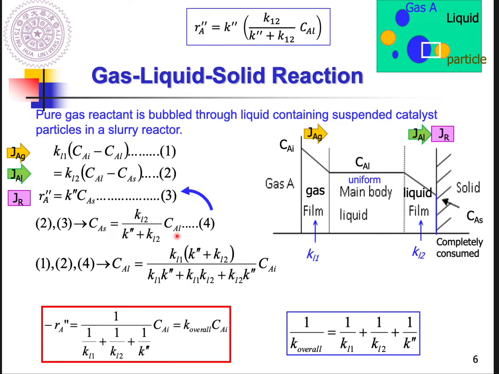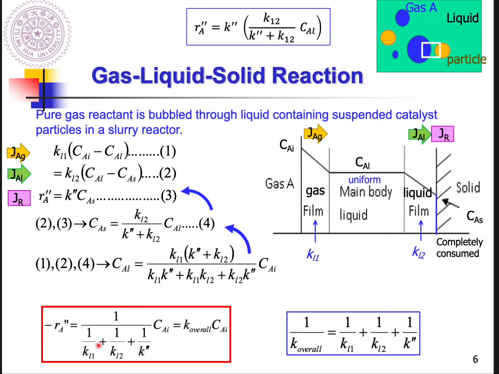So we substitute this one. It's still very difficult to measure CAL, so we use equations 1 and 2 to substitute CAL in terms of CAI. Now CAI is measurable because it is the concentration of reactant A in the gas. Okay, so finally we can get the consumption of reactant A expressed in terms of CAI.